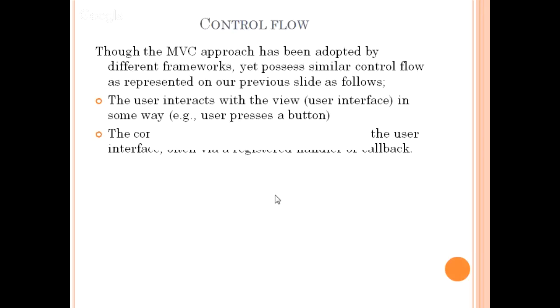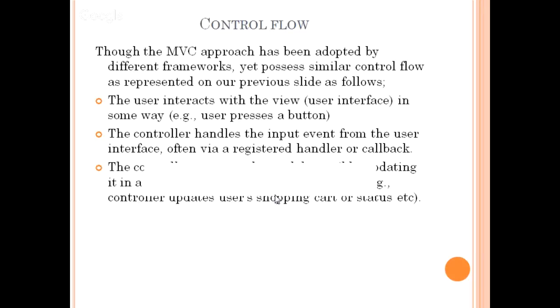So the controller handles that input from the user via the graphic user interface, often via a registered handler or a callback function that is attached to that action that the user has clicked.